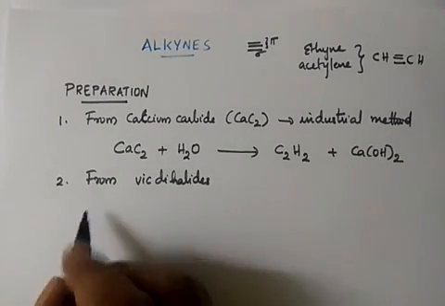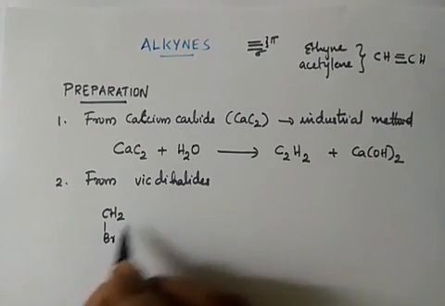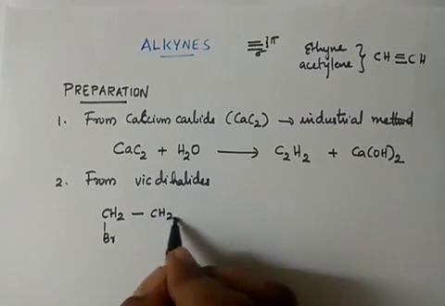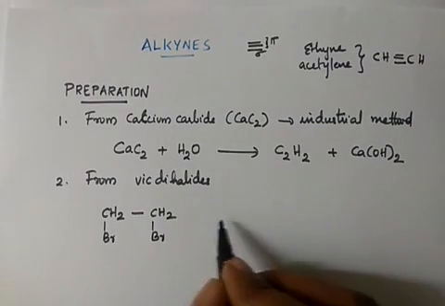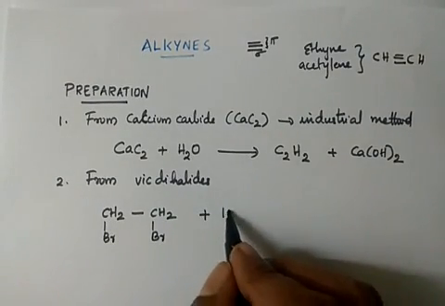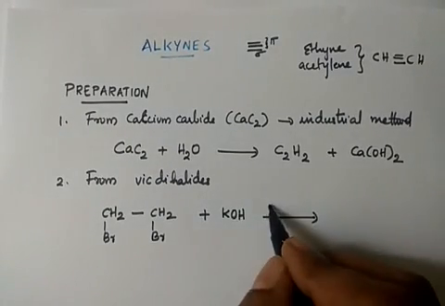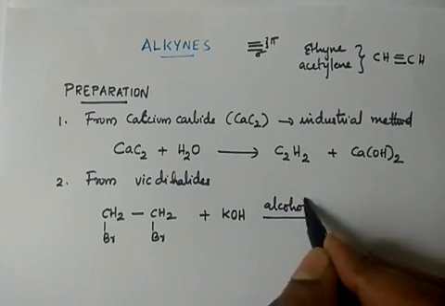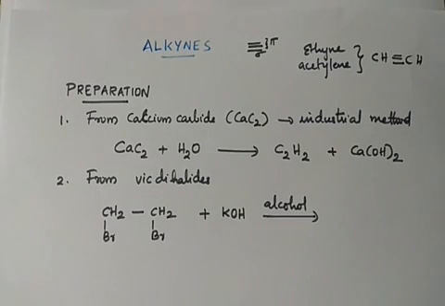For example, say this reaction: CH2Br, CH2Br. This is a vicinal dihalide. This is treated with an alcoholic solution of potassium hydroxide, and a dehydrohalogenation reaction takes place.